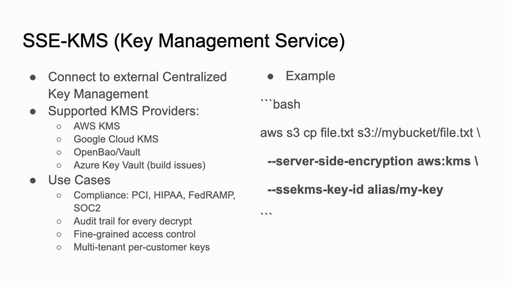External KMS are usually required for compliance, where you can get a sophisticated audit trail for every decryption or fine-grained access controls, where in a multi-tenant environment, the keys for each customer can be different.